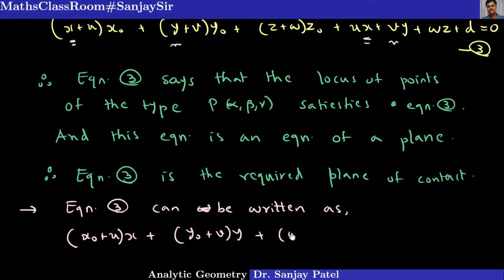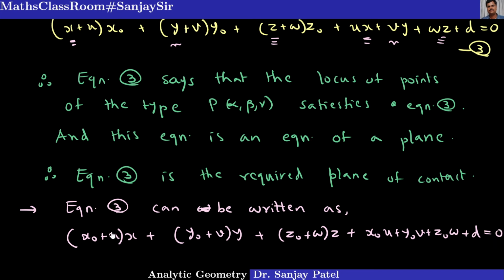In the same way, collecting terms containing z, we get (z0 plus w) into z, and plus all the remaining terms: x0 into u plus y0 into v plus z0 into w plus d. This is equal to 0.